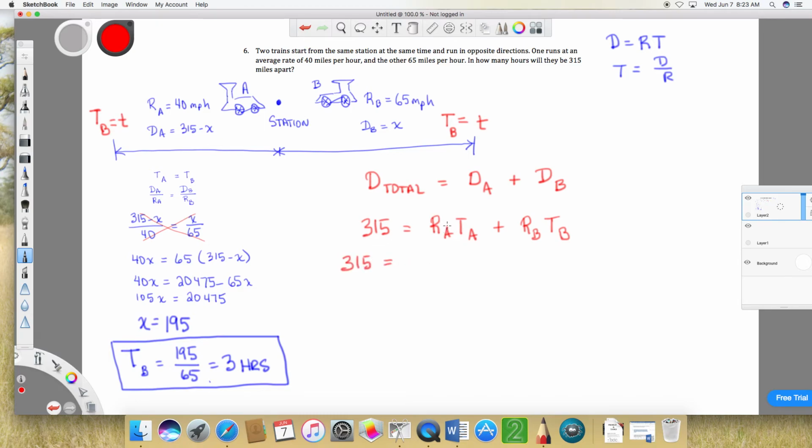So the rate of train A is 40 miles per hour. And t, we said that t was the unknown, the length of time that, why did I call both of these B? Sorry about that.